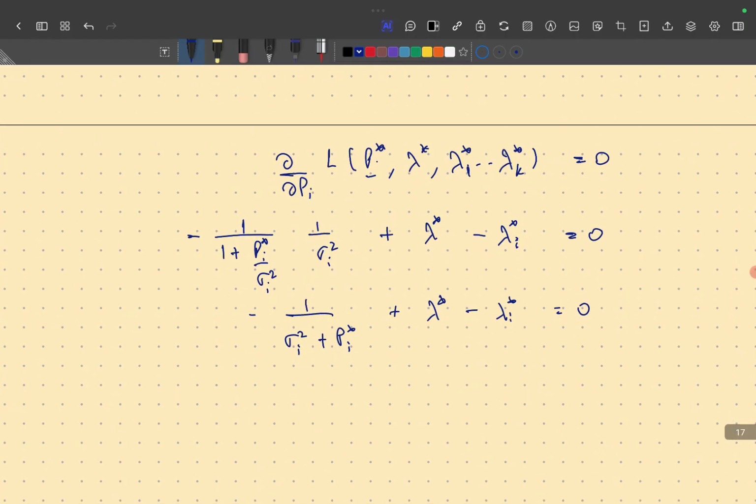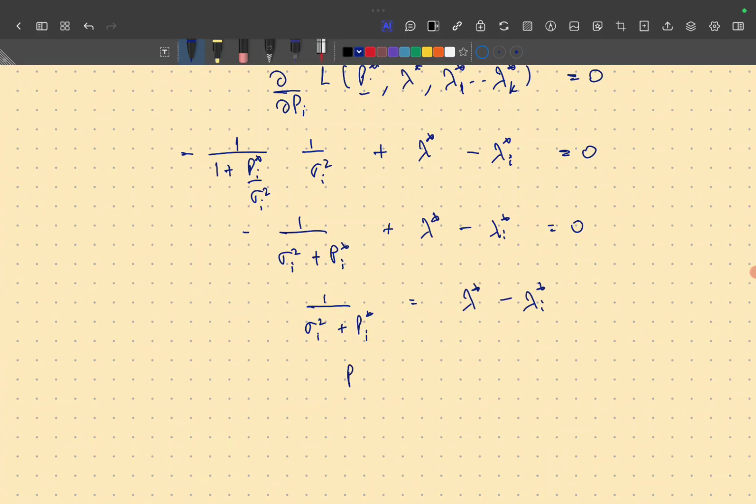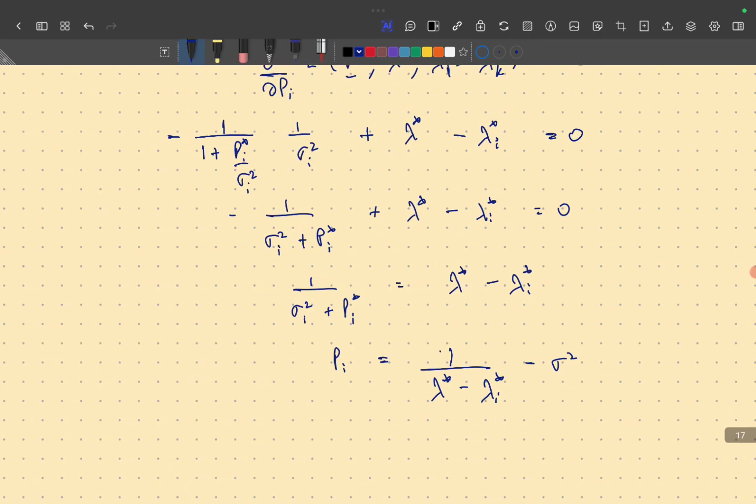This should be equal to 0, or 1 by sigma I square plus pi star should be equal to lambda star minus lambda I star, or pi should be equal to 1 by lambda star minus lambda I star minus sigma square. Is this okay up to this point?